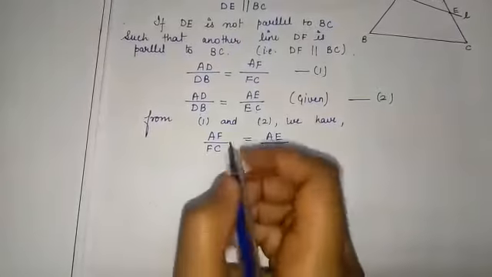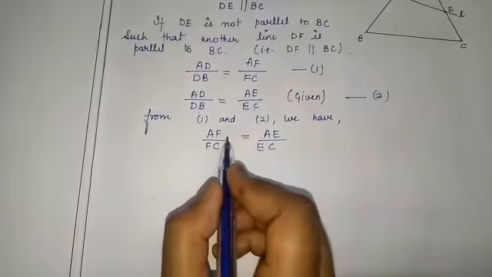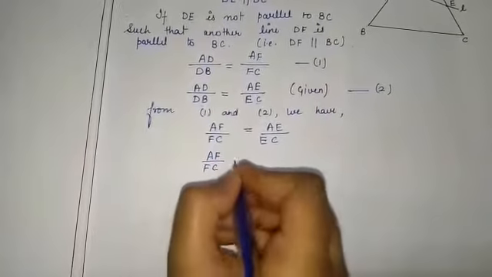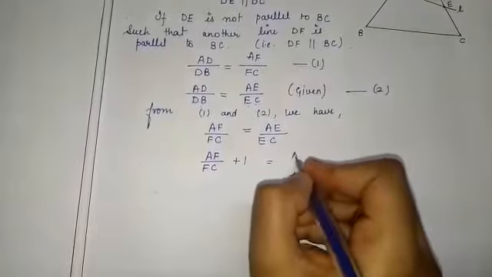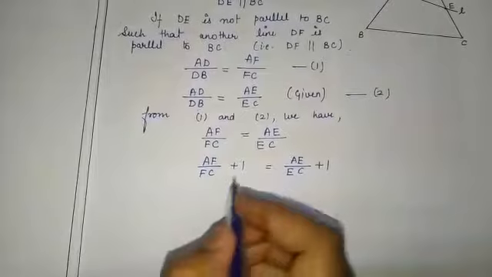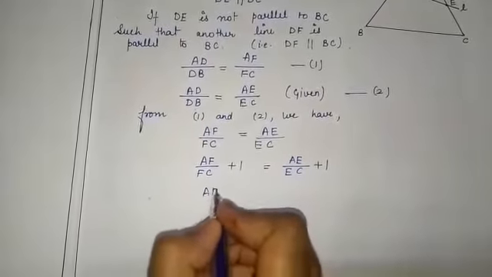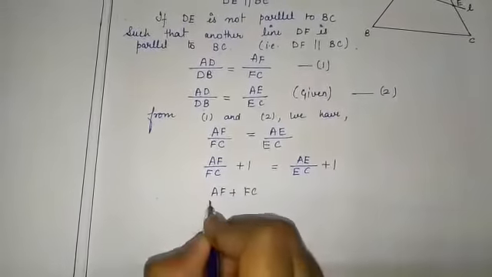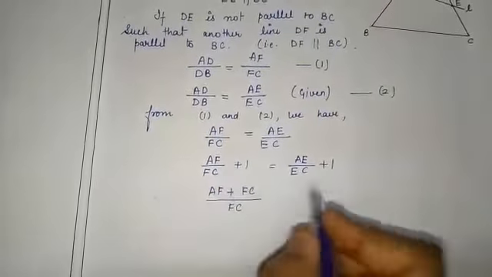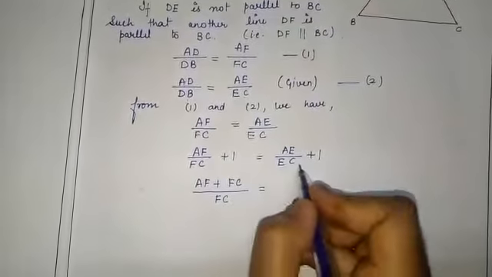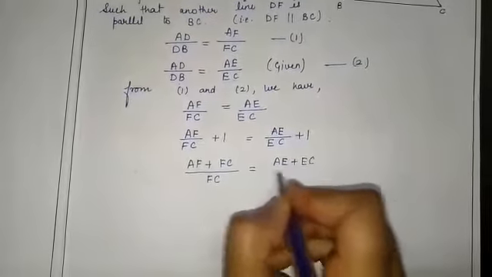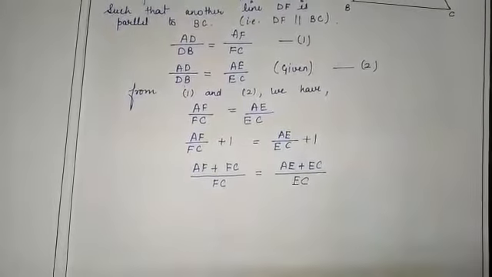Now after that, adding 1 on both sides, we have AF upon FC plus 1, and similarly AE upon EC plus 1. I'll take FC as the LCM, and similarly EC as the LCM. Then we have AF plus FC upon FC, and AE plus EC upon EC.